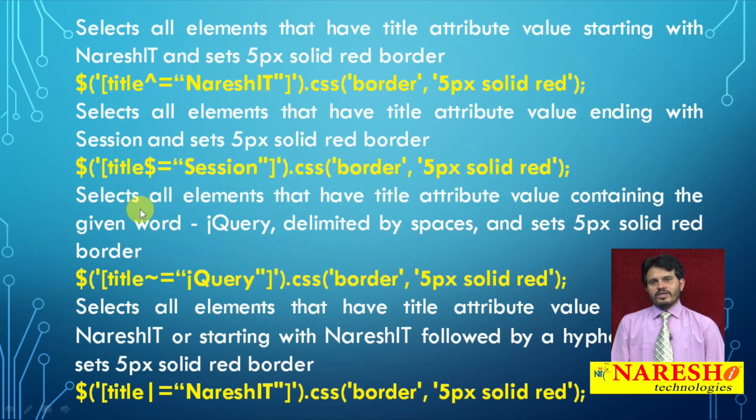Now the third one: select all elements that have a title attribute value containing the given word "jQuery", meaning not starting or ending, but anywhere containing the word, delimited by spaces. On that set a 5 pixels solid red border.